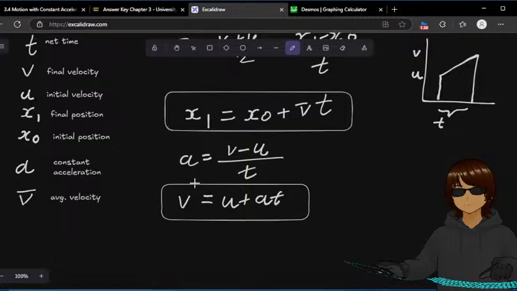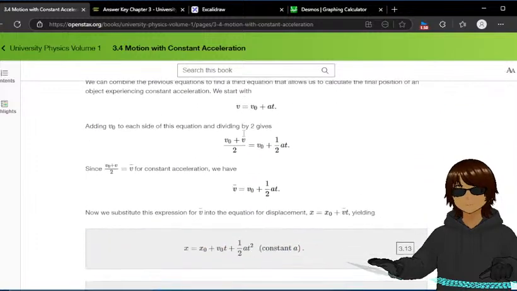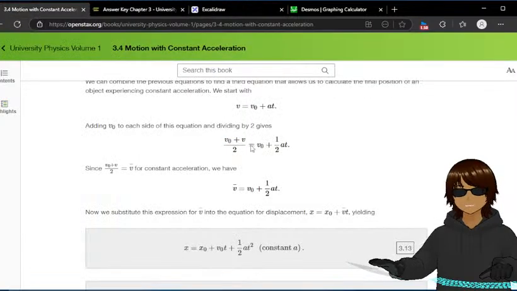T goes here, u goes here. What's the next equation? Yeah, this we have, putting... wait, what?